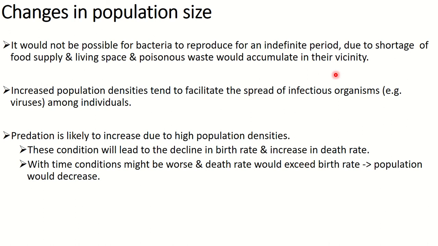Consider that increased population densities tend to facilitate the spread of infectious organisms, for example viruses, amongst individuals. So that's just an aspect of how some organisms can grow exponentially, and it has ramifications. The way that it grows will have secondary impacts on other organisms.